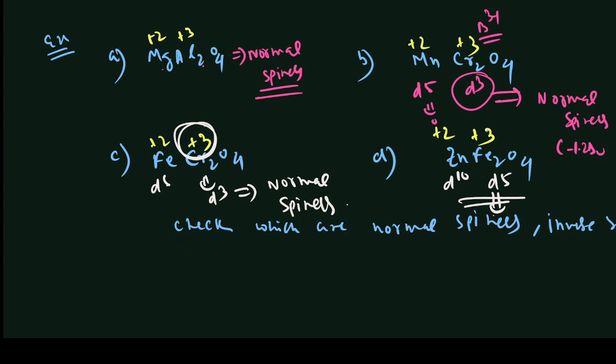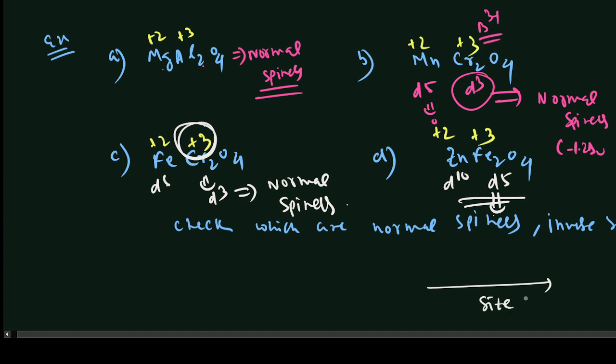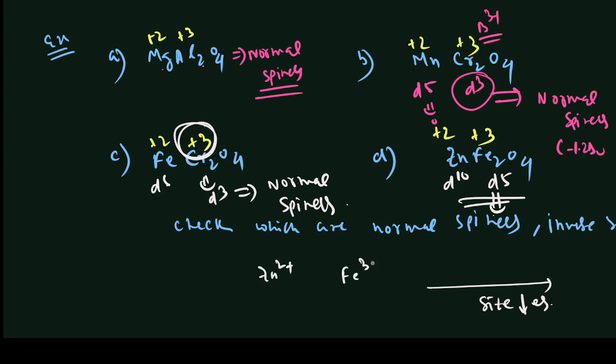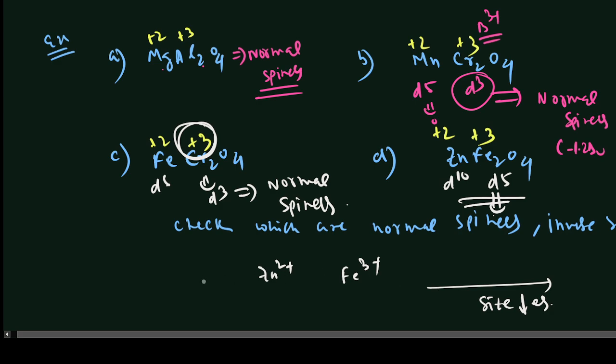Next is to characterize the spinel by size. You see that in the d block, from left to right, size decreases. It means Zn2+ and Fe3+: from left to right size decreases. So Zn2+ will be here and Fe2+ is somewhere here.